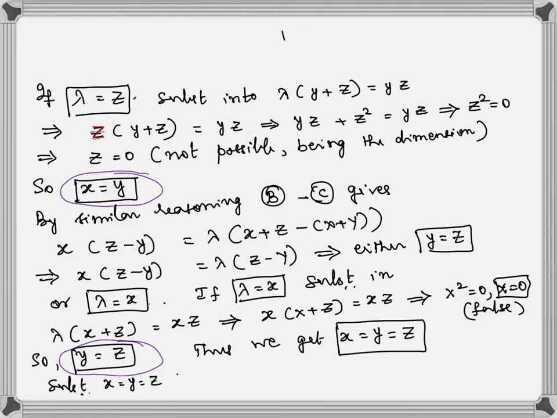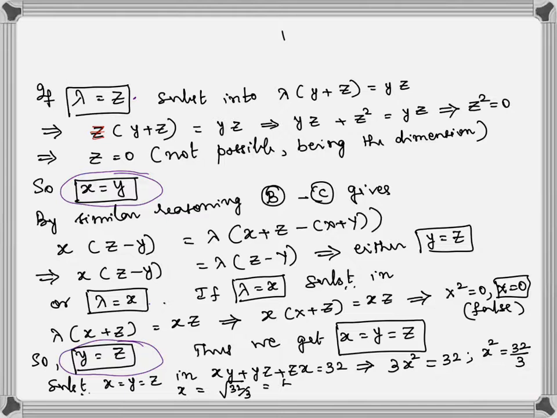Substituting x equal to y equal to z into the surface area relation, xy plus yz plus zx equal to 32, we get 3x square equal to 32, or x square equal to 32 over 3, or x equal to square root of 32 over 3, which is 4 times square root of 2 over square root of 3.